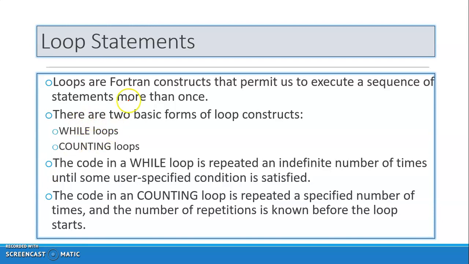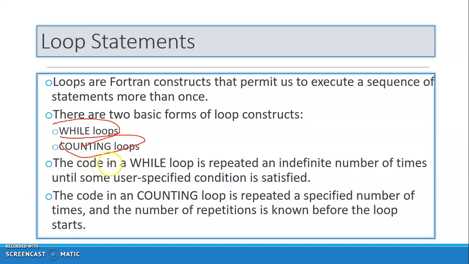In a bit of a definition, loops are Fortran constructs that permit us to execute a sequence of statements more than once. So we execute a statement repeatedly. We have two basic forms of loop constructs in Fortran: the while loops and the counting loops.